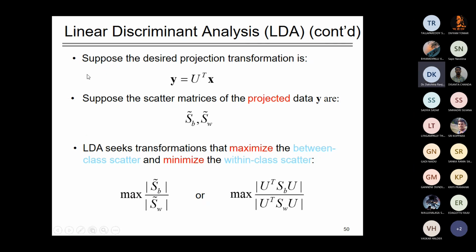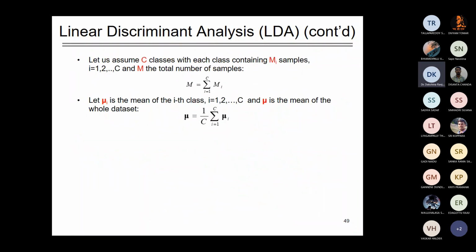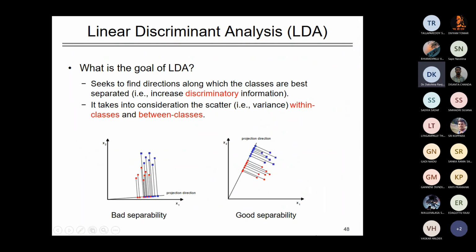Now suppose the projection transformation is given by y equals U^T x. Okay, this is the projection transformation. So for good separability, we saw that these two sets of points, corresponding to two different classes, are found to be well separated.